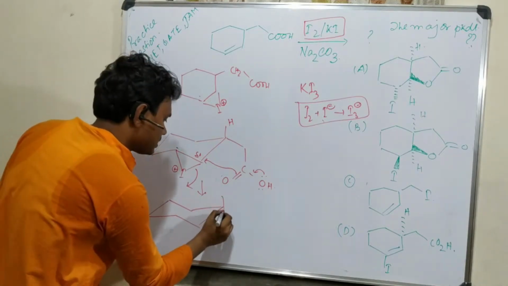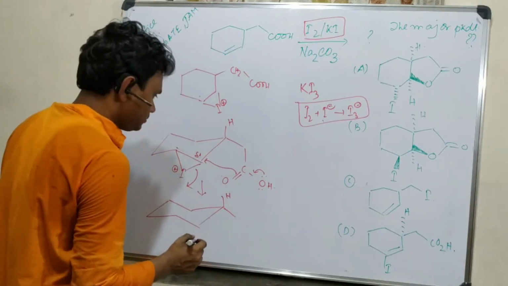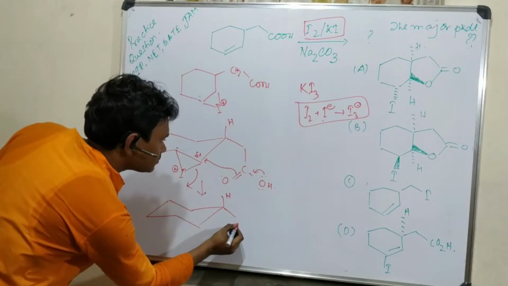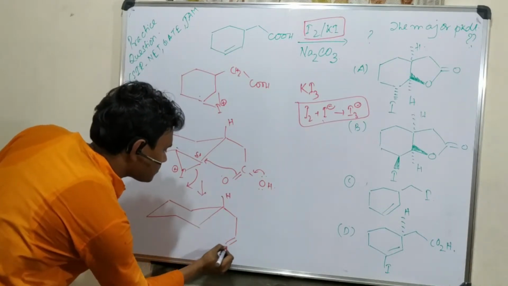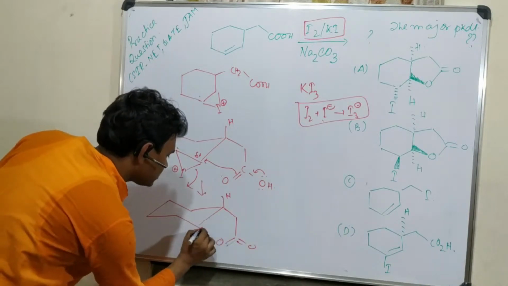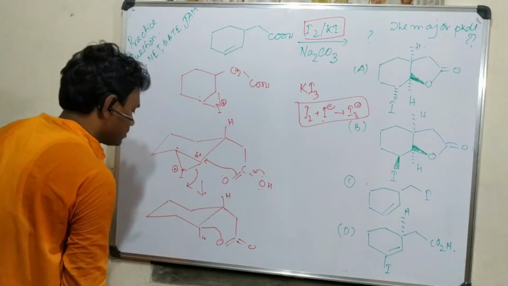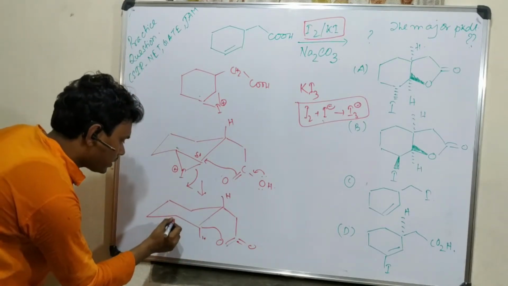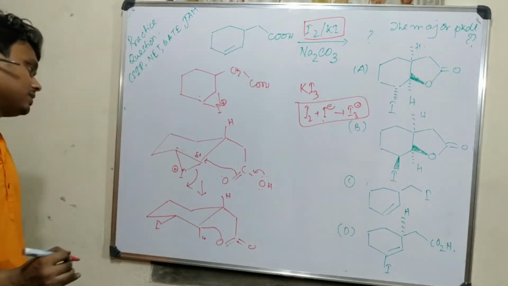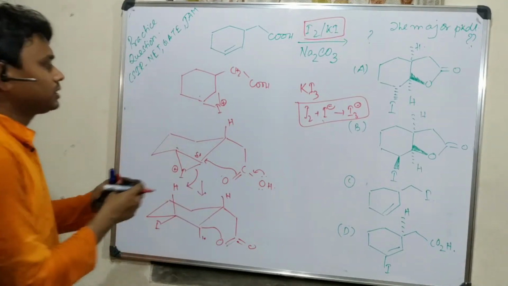This hydrogen, the double bond oxygen, and this is actually an equatorial position. Hydrogen is below. So what will happen here? Iodide. And here this is equatorial, this is the actual hydrogen.